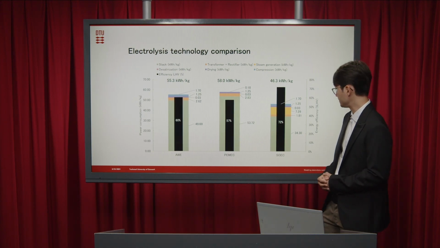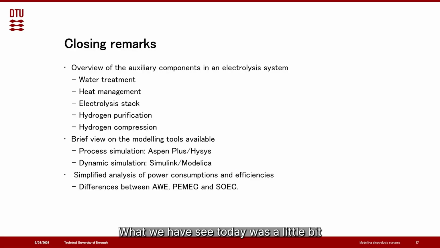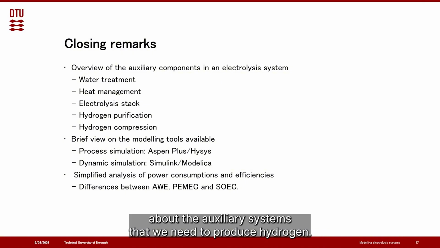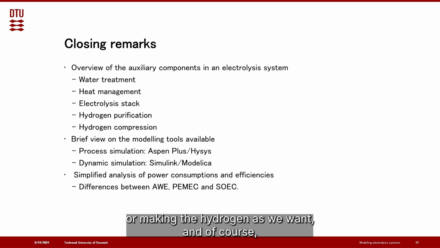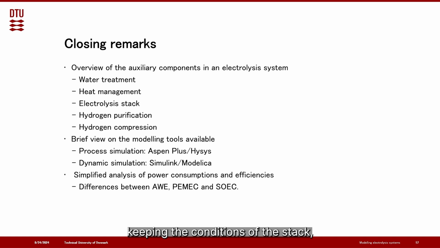What we saw today was a little bit about the auxiliary systems that we need to produce hydrogen, and they are connected either to making the water as we want or making the hydrogen as we want, and of course keeping the conditions of the stack as we designed.